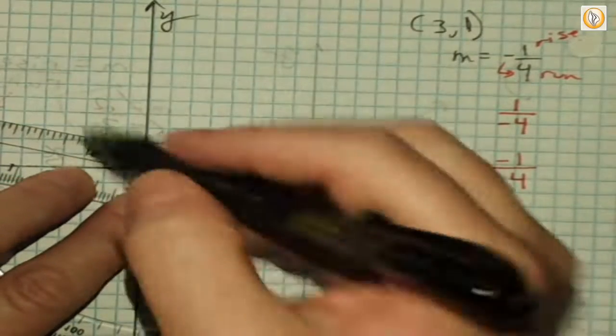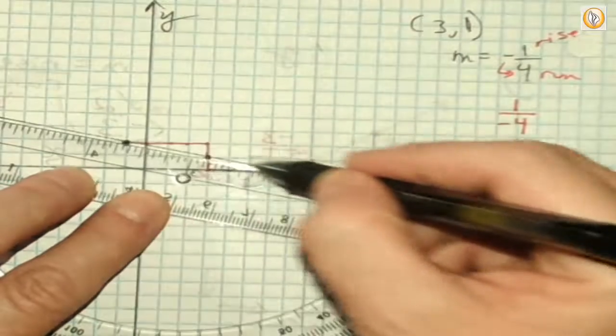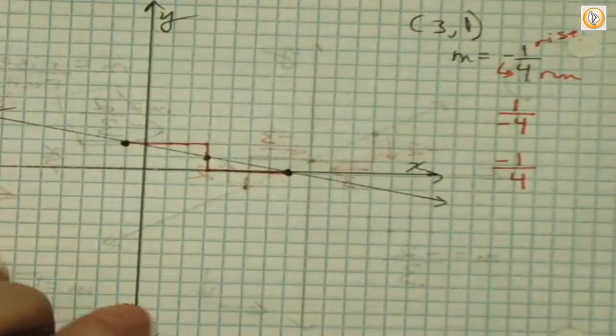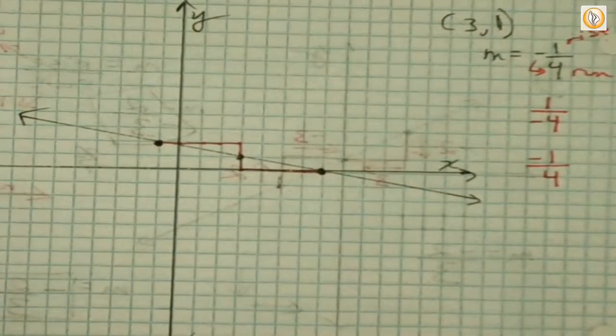And then you connect your dots. The more dots you do, the more precise your graph will be. Any questions? Do we understand how to do this? Y'all remember this from last year? Hopefully.